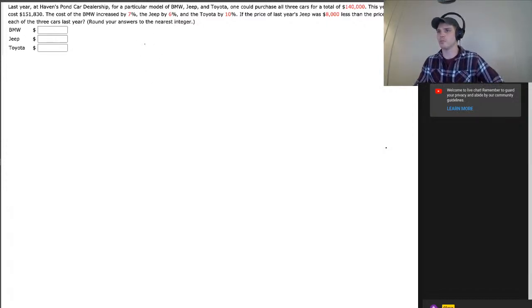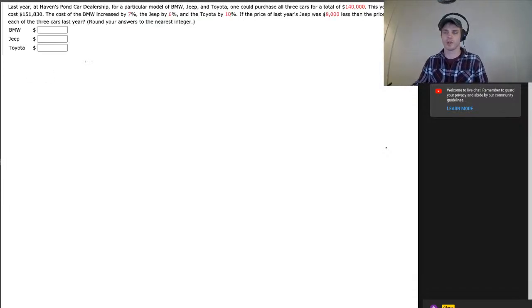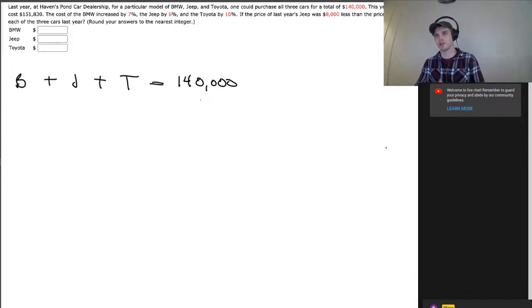So we know that the BMW plus the Jeep plus the Toyota is equal to $140,000. Now this is the price last year. This year, the cost of the BMW increases by 7%.